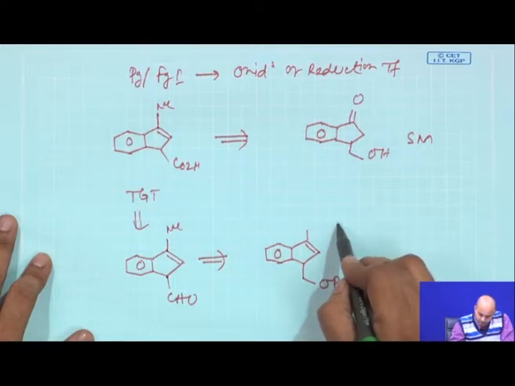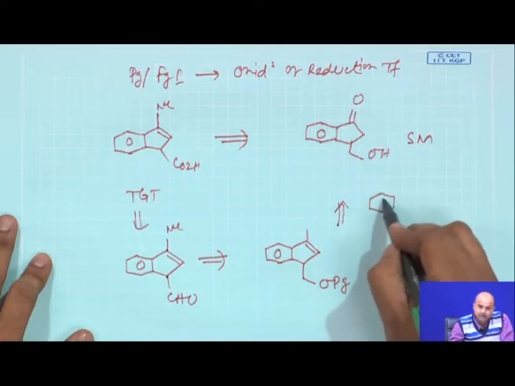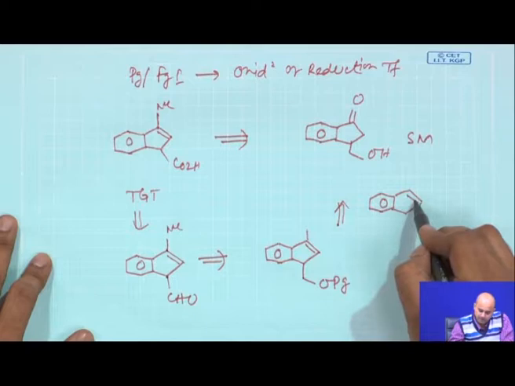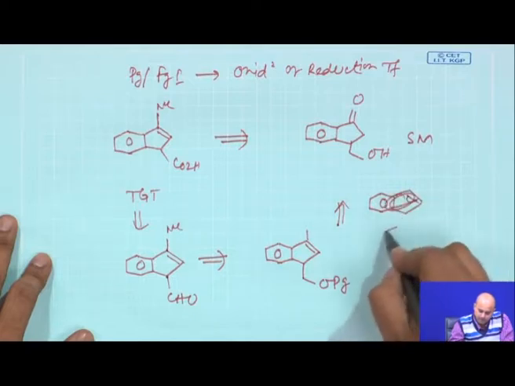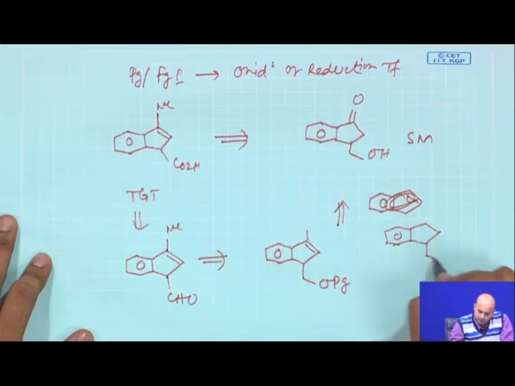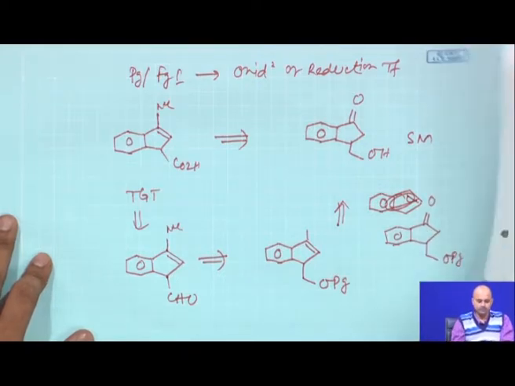If you have an intermediate something like this, where this free hydroxy is protected, you can do a methyl Grignard addition and then an elimination. So that was the simple transformation which was proposed. Now, try to find out how this entire thing was done.